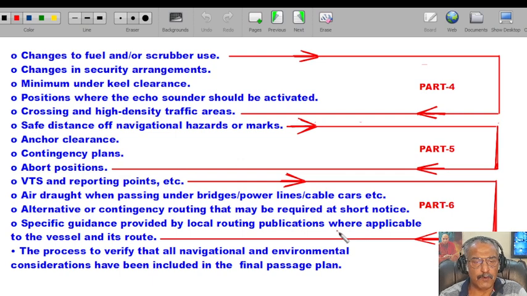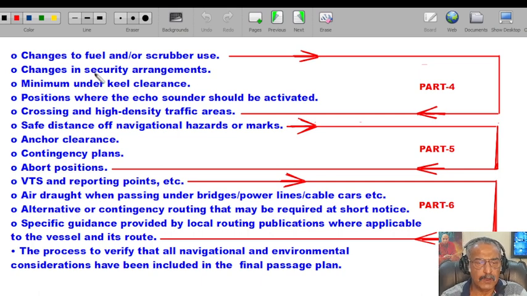The next point we go to, that will be part 4, will be lecture 56. That is changes to fuel and/or scrubber use. As we know, lots of ships are changing over to LNG and a lot of other fuels. We'll talk about that in detail and at length.